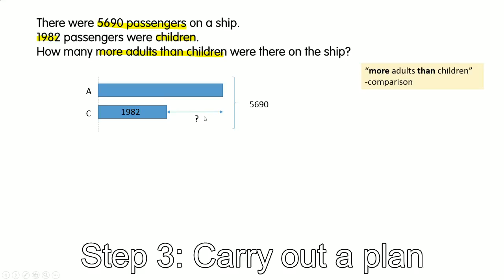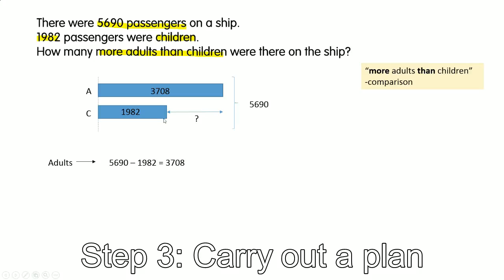We carry out the plan. We find the number of adults first. We know the total and the number of children. So the adults will therefore be the total 5,690 minus 1,982 to give us 3,708. There are 3,708 adults.